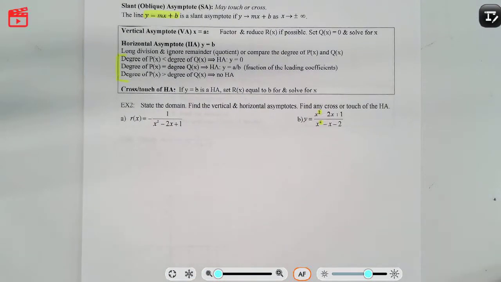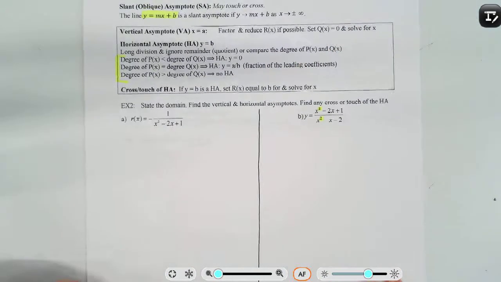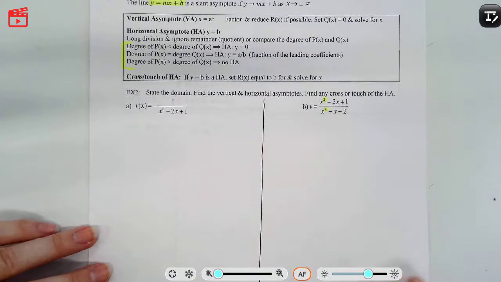First off, state the domain. Take a second to see if you can find the domain. Remember, to find the domain, we're going to go ahead and factor. I want to find the values that would make this undefined.